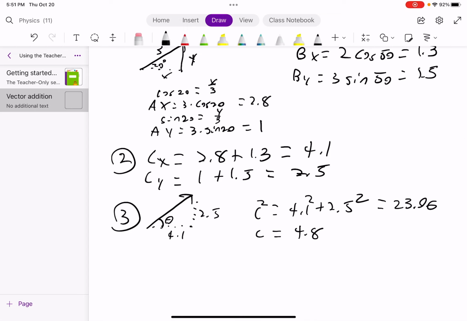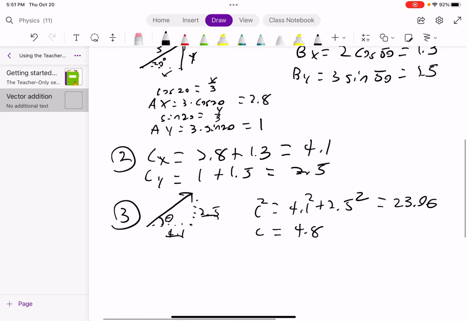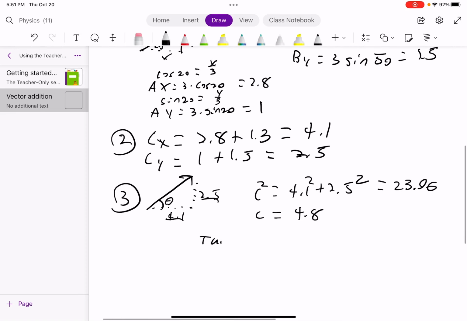In order to find the angle, we need to use an inverse trig function. Since we are given the opposite and adjacent sides, we can use tangent, opposite over adjacent. So we do tan inverse of 2.5 divided by 4.1. Plug that into our calculator and we get 31.4 degrees.